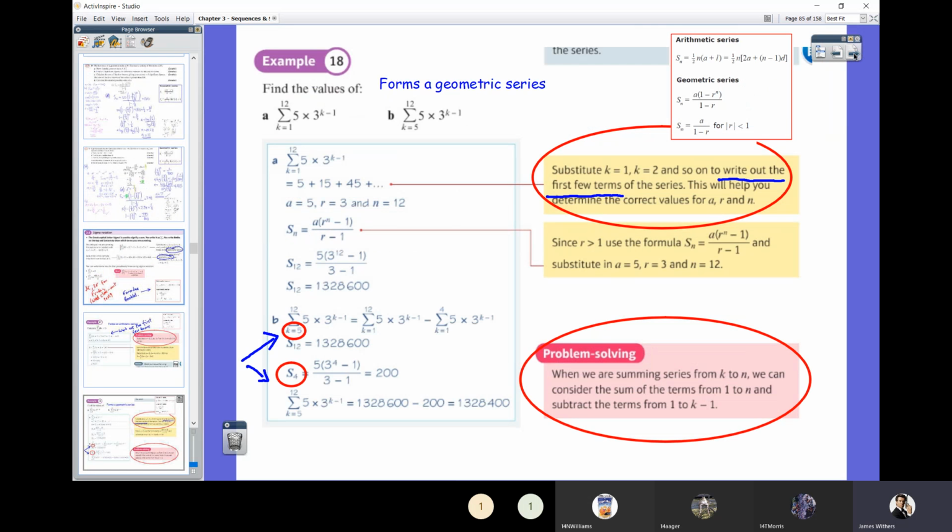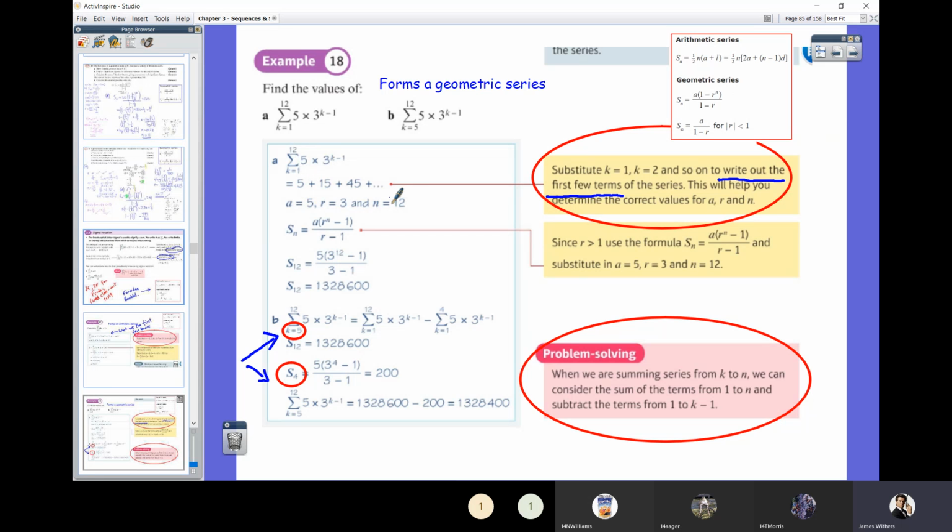On this one, again, exactly the same strategy. Just like it says over here, substitute k equals 1, k equals 2, and so on to write the first few terms of the series, and then this will give you the pattern. You don't overly worry about trying to reflect on what it is at the beginning. Just substitute a few in, then step back and say, okay, what have I got? Clearly I'm multiplying by 3 each time, with my first term being a, and I've got 12 terms.